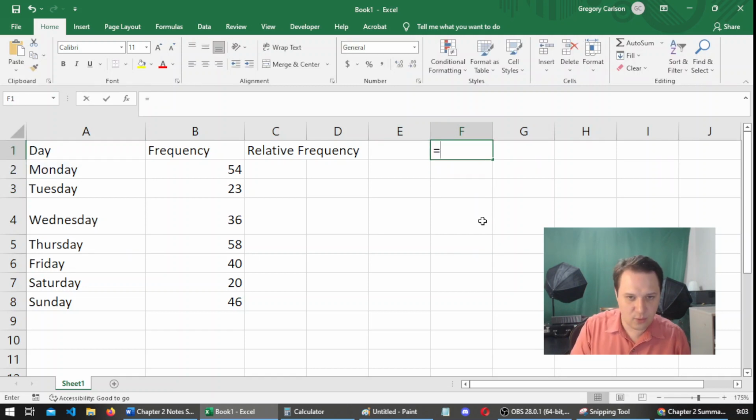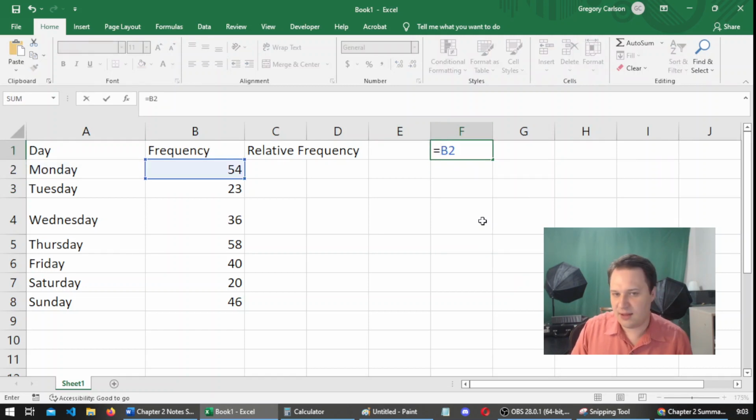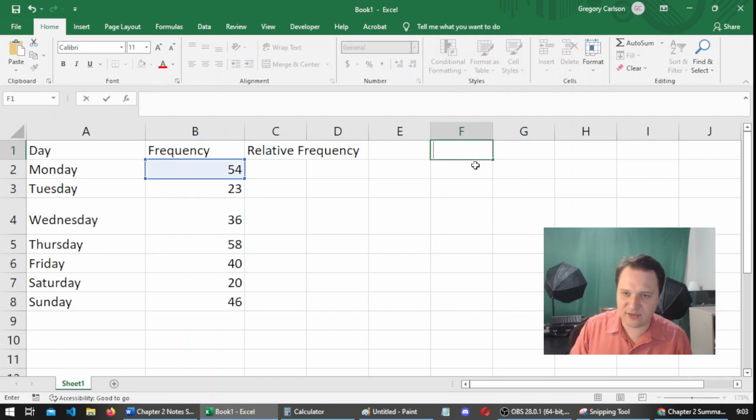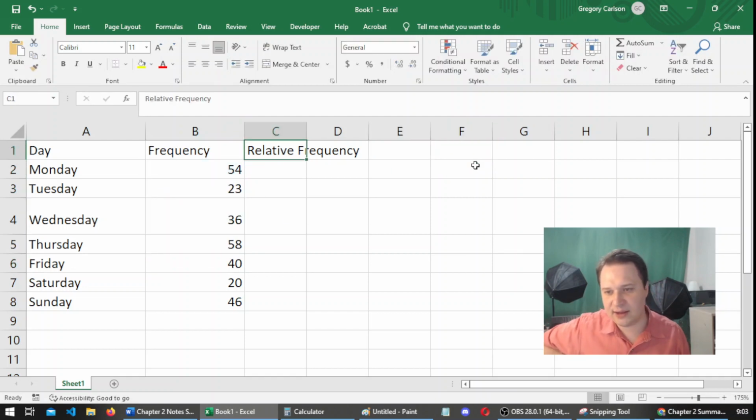So that's nice. What we can also do is do numbers. So I can type equals 52 and it puts in the number 54. But why is this important? Because we need to calculate the relative frequency, and so we need to calculate all of these percentages. However, to calculate these percentages, there's a number we don't know, and that number is the total.